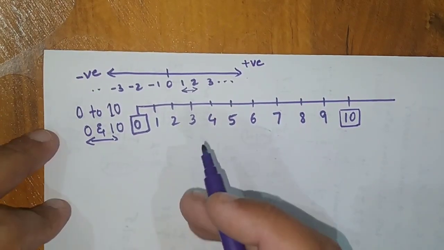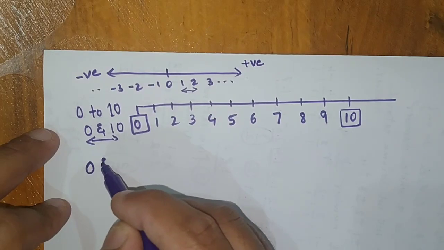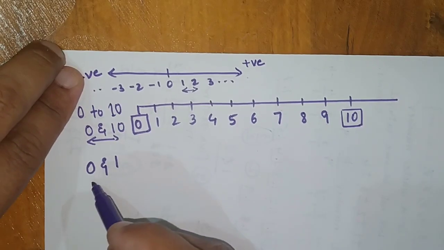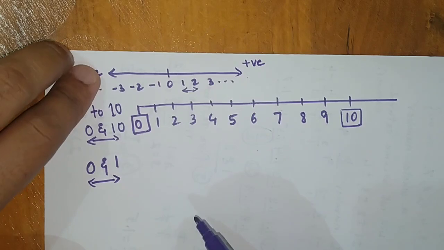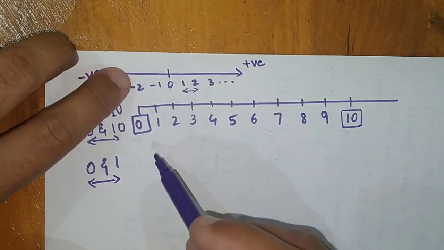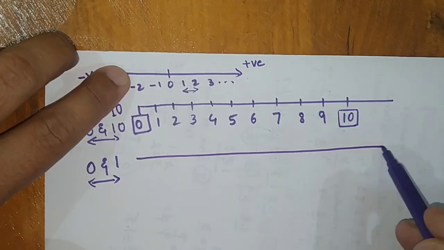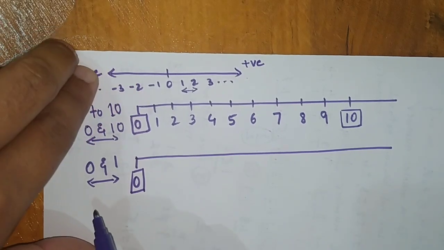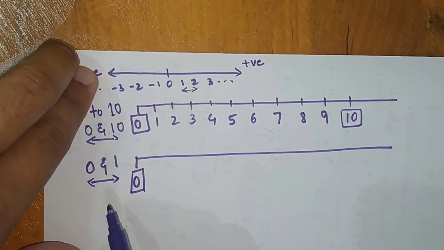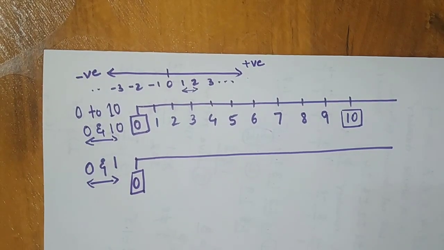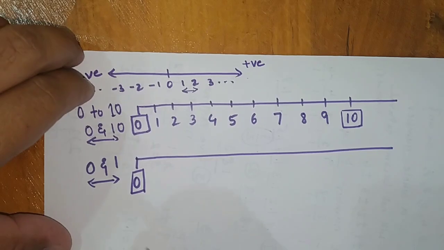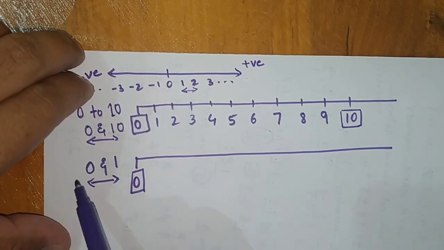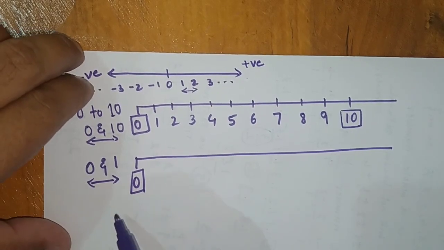Now you consider 0 and 1. You need to find numbers between 0 and 1. Between 0 and 1 there is a gap, and you need to find numbers.